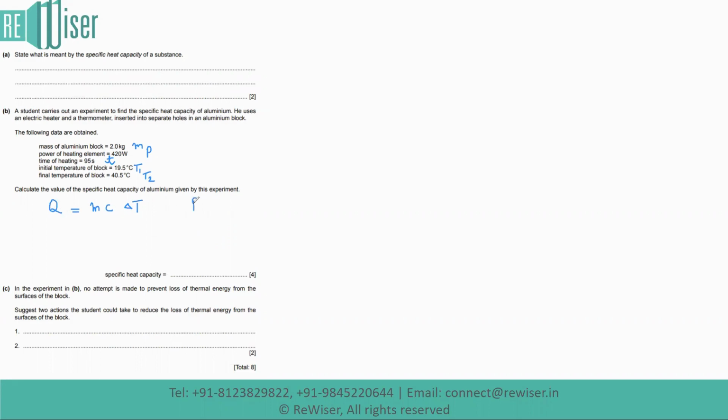Using the formula, power is equal to energy divided by time, which can be written as energy equals power into time. So power into time is equal to mass times C times delta T. Substitutions can be made as follows. Power is 420 watt. Time is 95 seconds. Mass is given as 2 kilogram. C is an unknown which we are yet to find out.